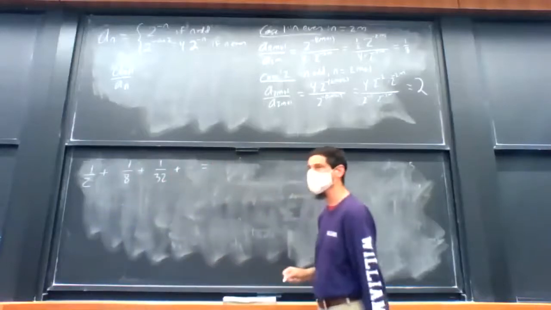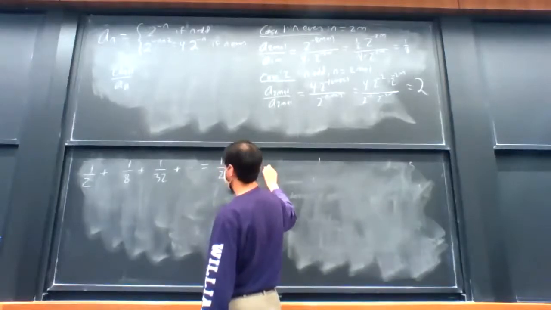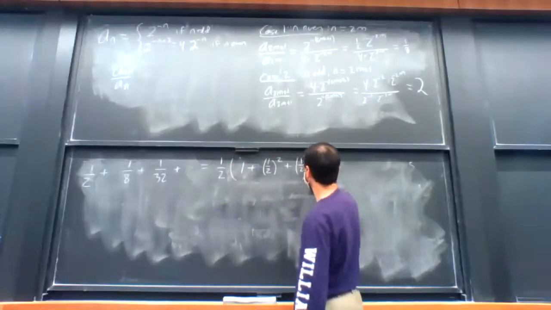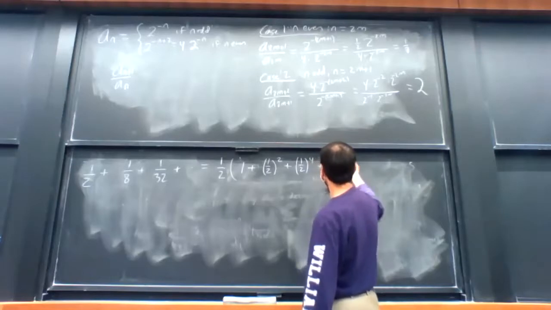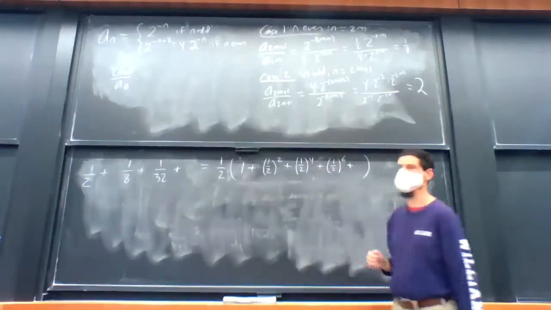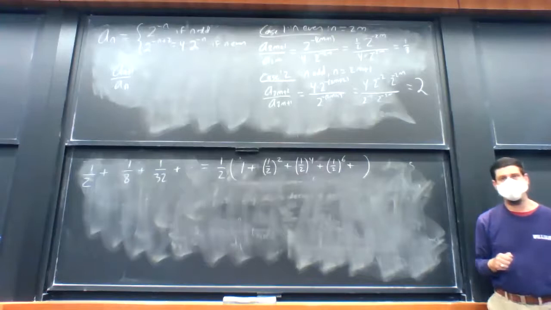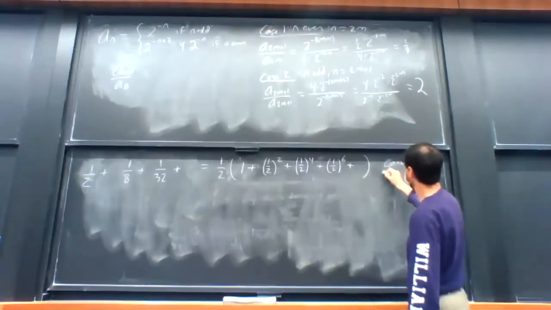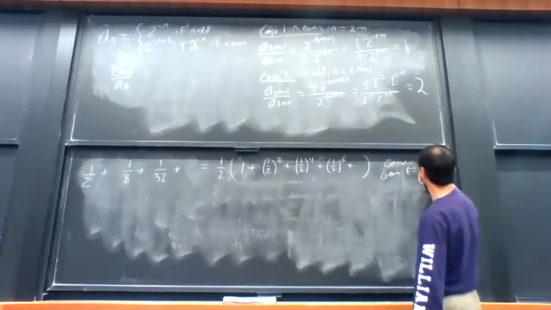And I could pull out a 1/2 from everything, and it's going to be 1 plus (1/2)^2 plus (1/2)^4 plus (1/2)^6 and so on. Does that sum converge or diverge? Converge. Why does it converge? Geometric, the ratio is 1/4.